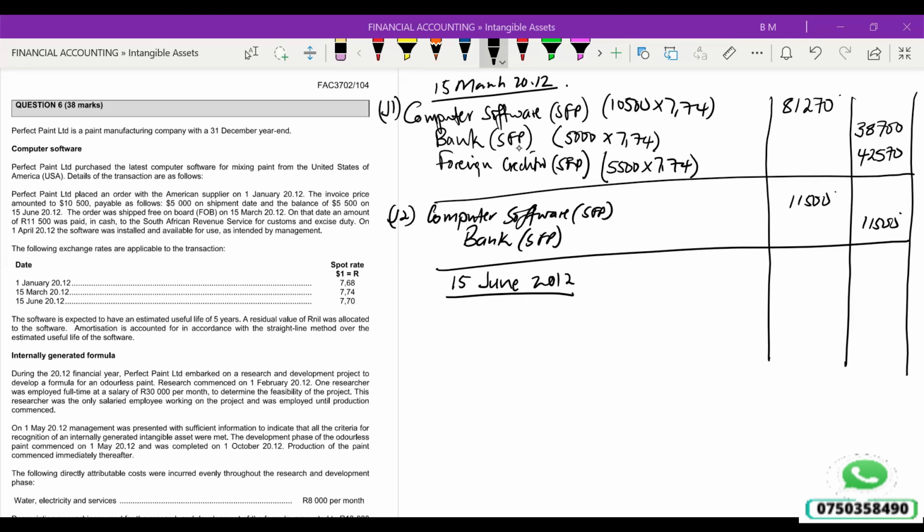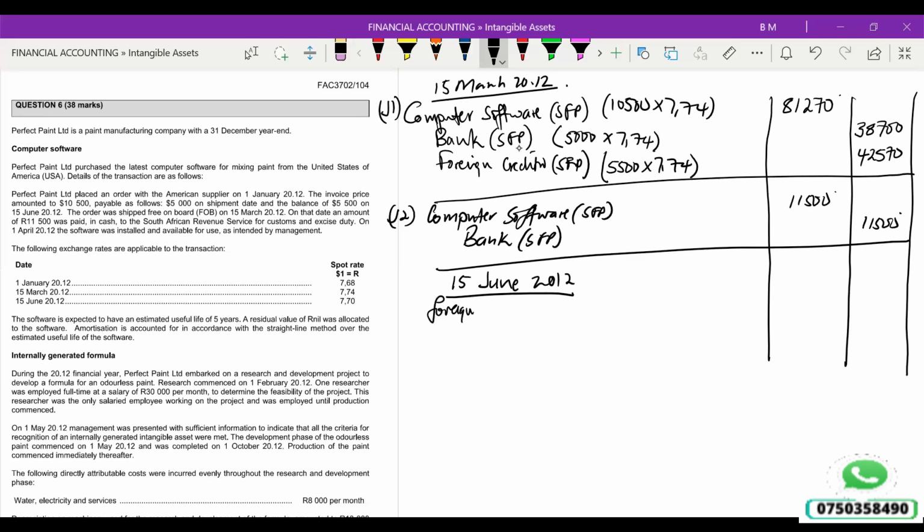We are saying that on this date the rate was 7.74, but now the rate is 7.70. What does this mean? It means that my creditor went down. I made a gain because for each and every $1, I was paying R7.74, but now I'm paying R7.70. So that means I gained. So what am I going to do?